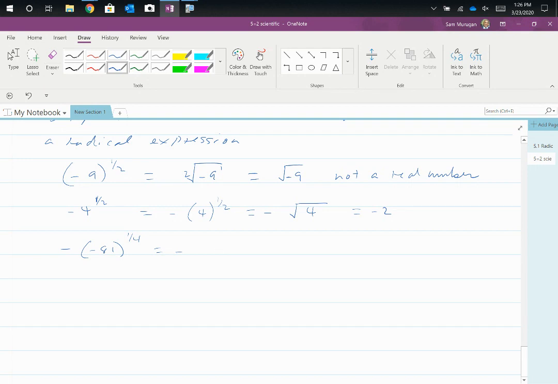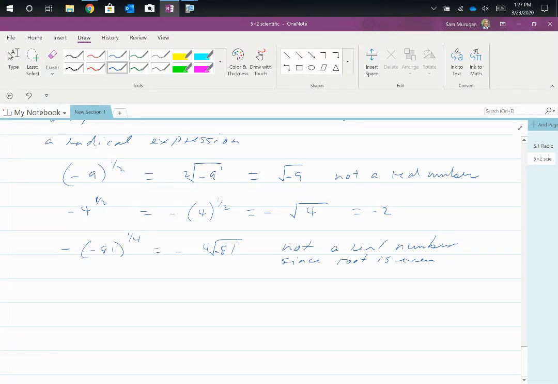This is negative the fourth root of -81 to the power 1, which is not a real number since the root is even.